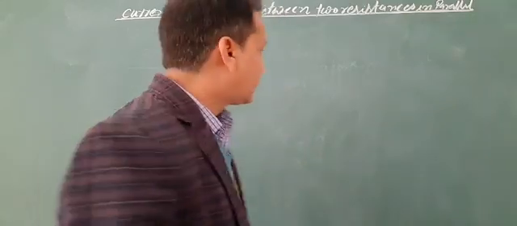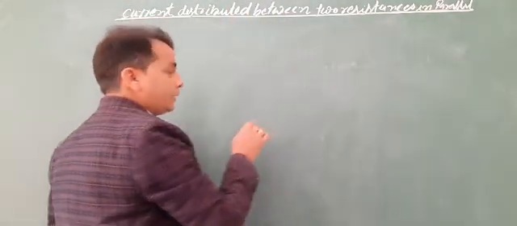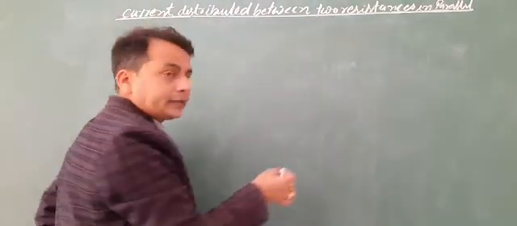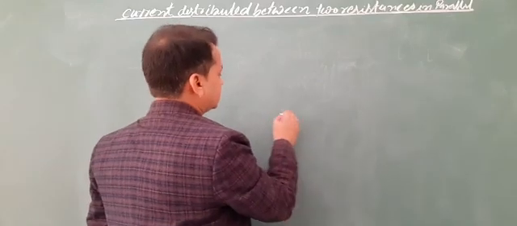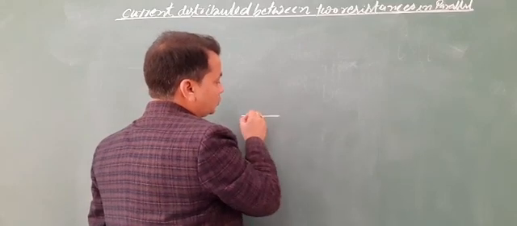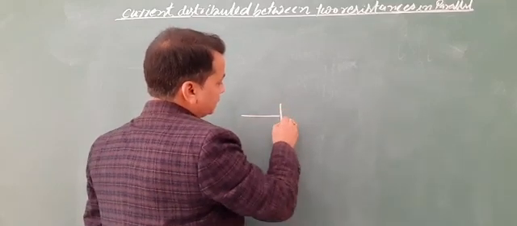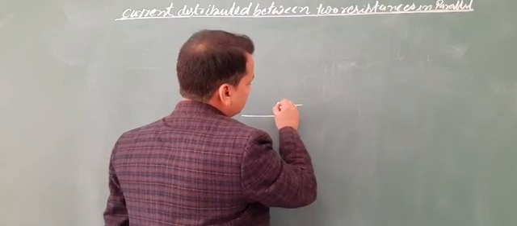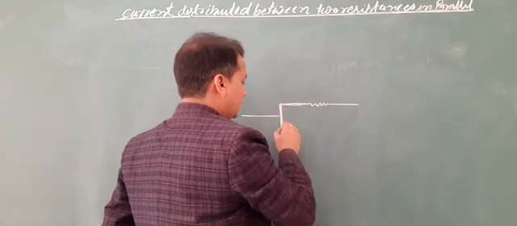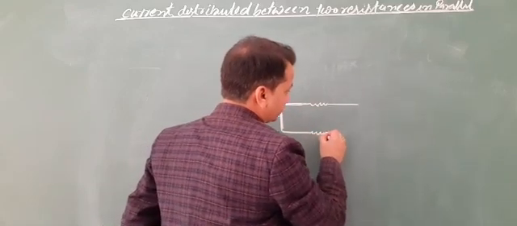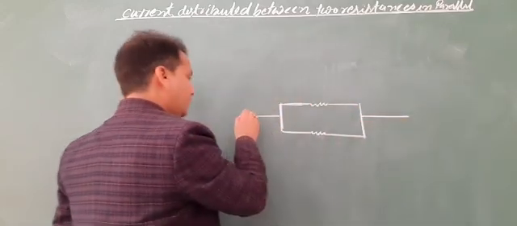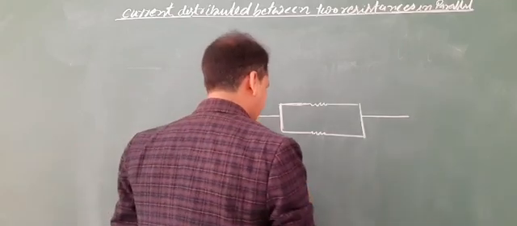connected in parallel combination. Here is the circuit diagram of two resistors connected in parallel combination, R1 and R2 and the net current.